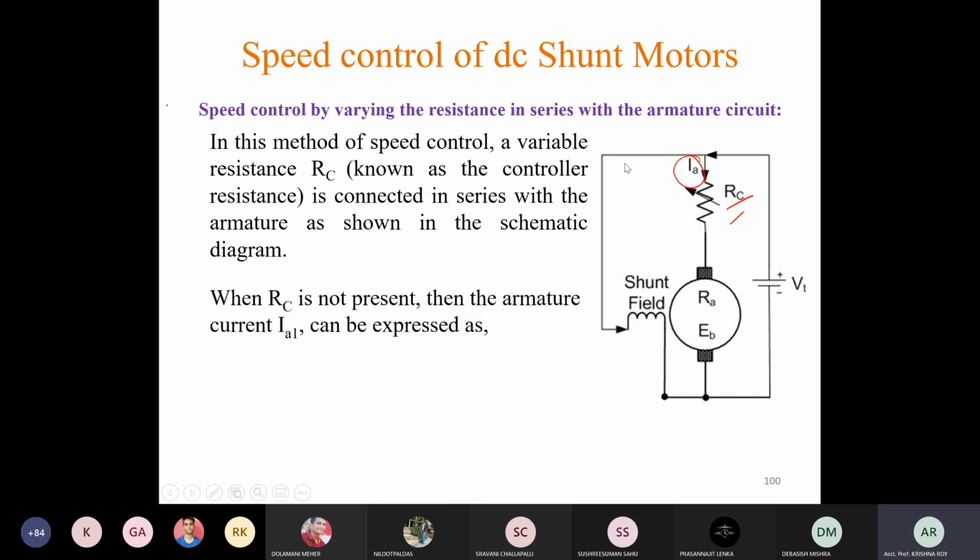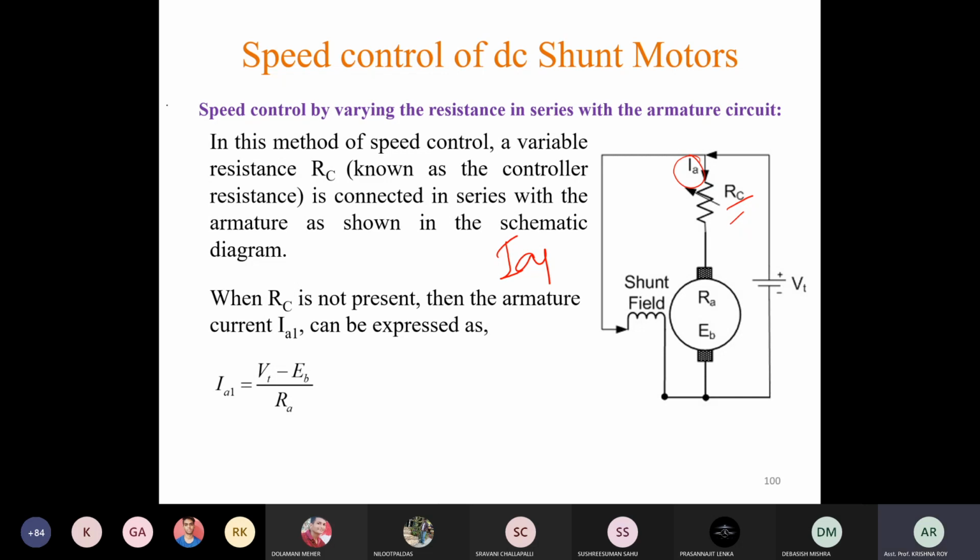Suppose when the value of Rc is 0, or Rc is not present in the circuit, at that condition the armature current is, suppose, Ia1, and it is given by this equation: Ia1 is equal to (Vt minus Eb) by Ra.